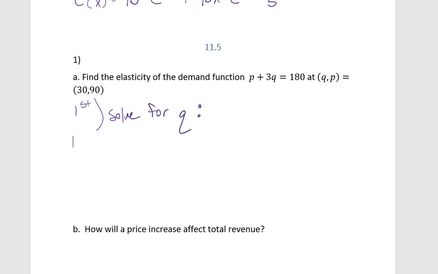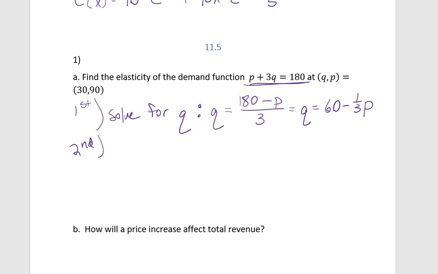So in our case, we're going to have q equals 180 minus p divided by 3. So you want to solve this equation here for q. And you're going to get q equals 60 minus 1/3 p.